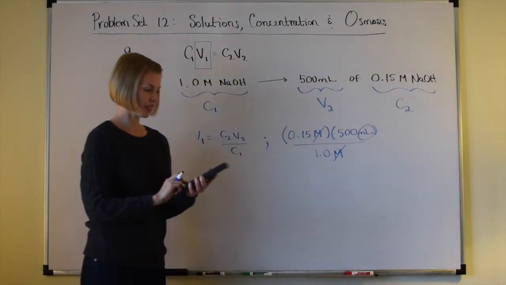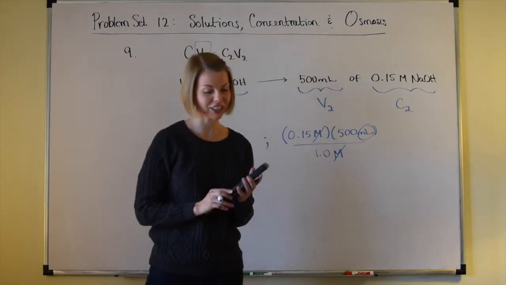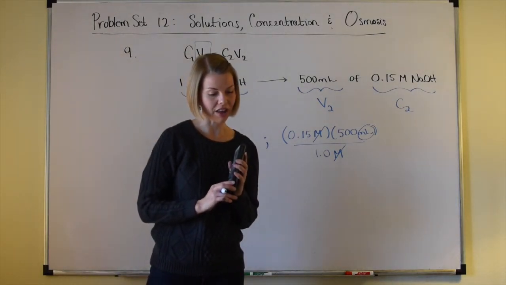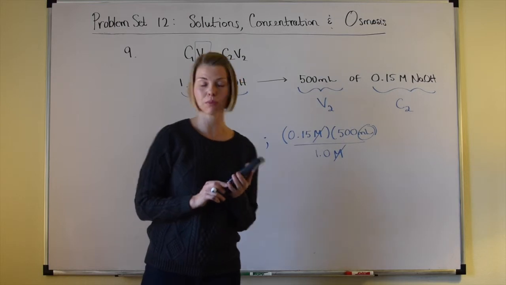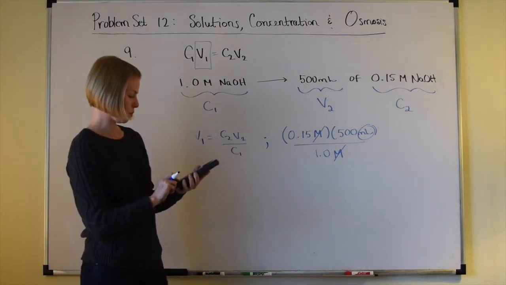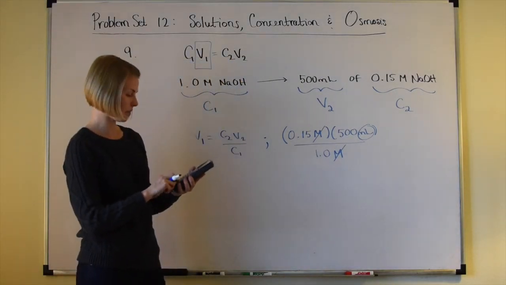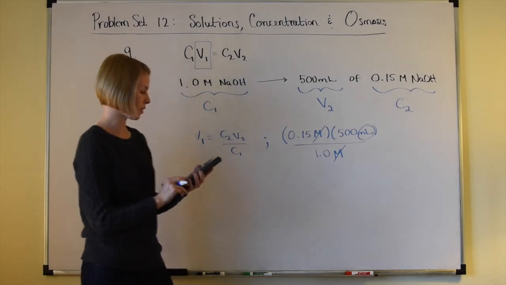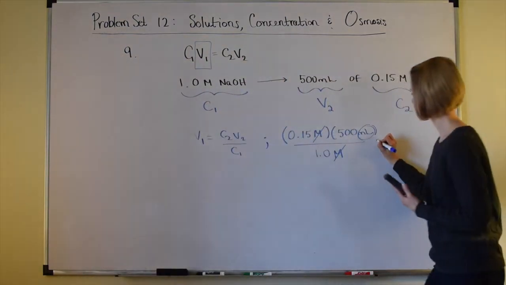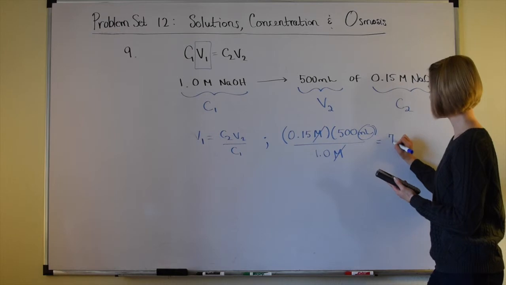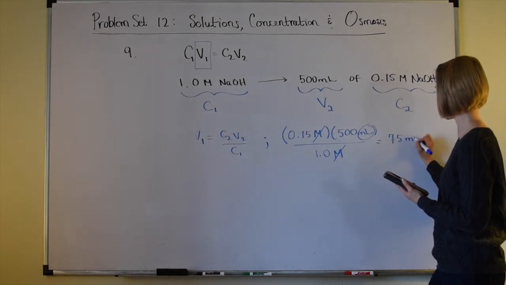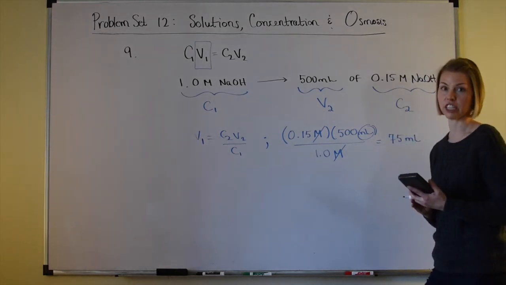That is good because we're trying to solve for the number of milliliters, the volume of solution needed. So 0.15 times the 500 divided by 1, we don't have to do. Okay. So we need 75 milliliters of that more concentrated solution.